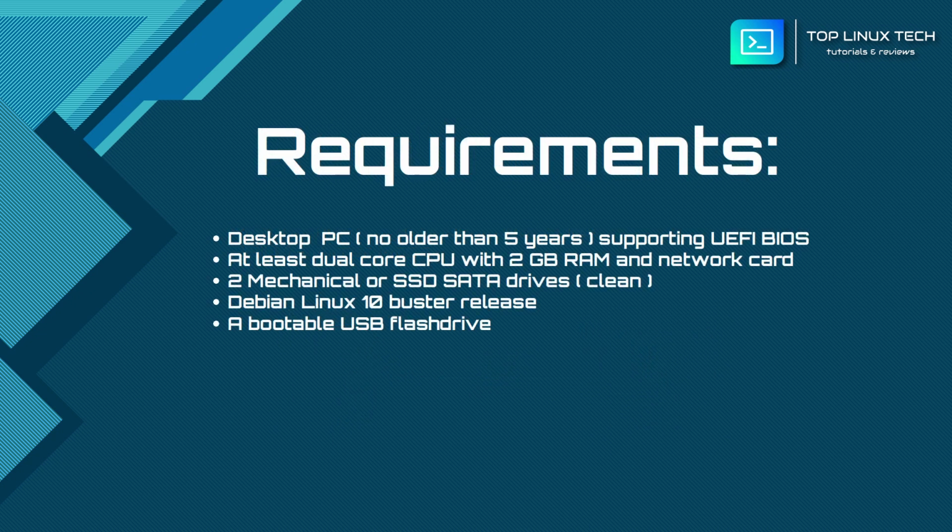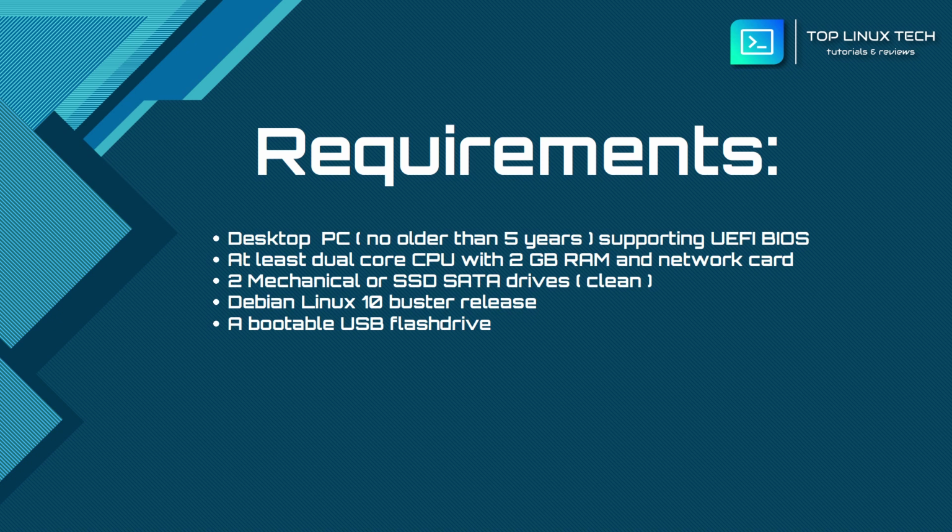So let's see what the requirements are for this small home file sharing server. First, you'll need an old desktop PC, which should be no older than 5 years and should support EFI BIOS mode. This PC would need to have at least a dual or a single core processor with 2 GB of RAM and a network card.